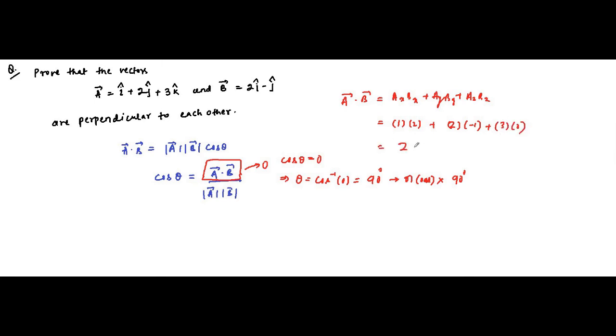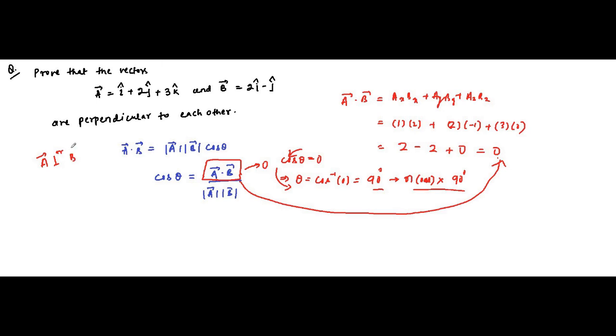So it's 2 minus 2 plus 0, which is equal to 0. So the numerator is coming 0. As the numerator is 0, cos theta will be 0, and then theta, which is cos inverse of 0, will be equal to 90 degree or some odd multiple of 90 degree, 270 degree, like that. So it means A vector here is perpendicular to B vector.